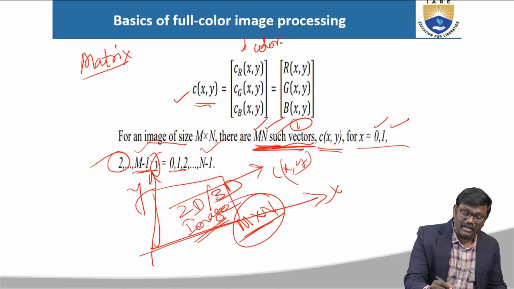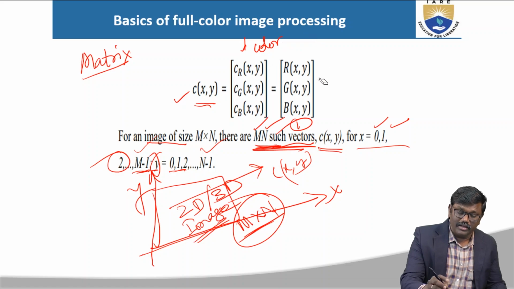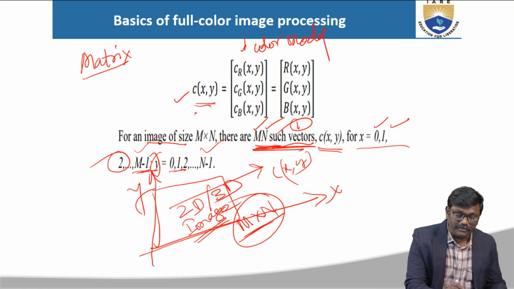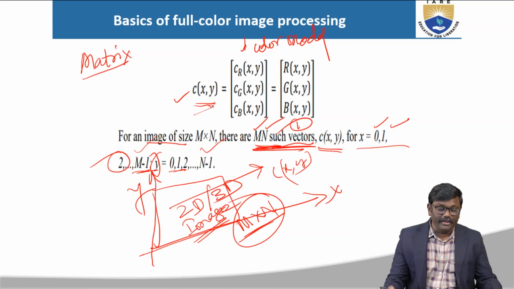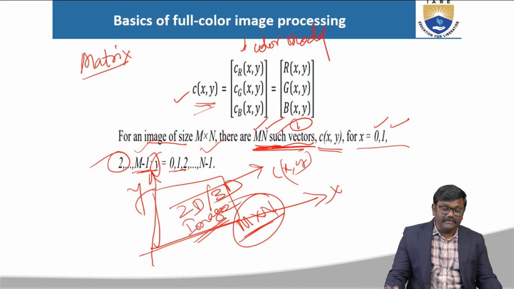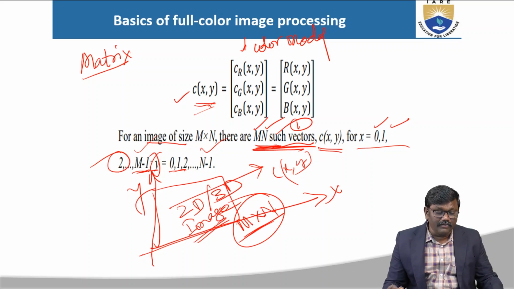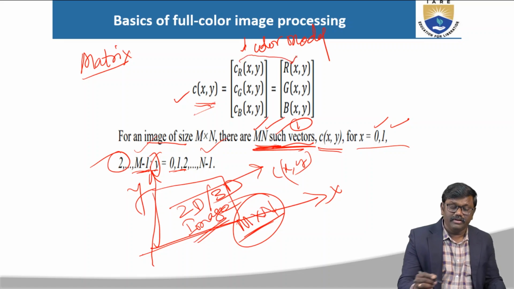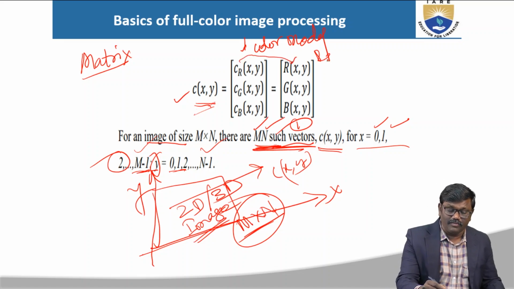That value we keep in the color image. This is the color model. So what is your color model here? Your color model depends upon your C of x comma y matrix. We convert it into the colors, that is C R of x comma y in terms of pure red. This is the red color model.